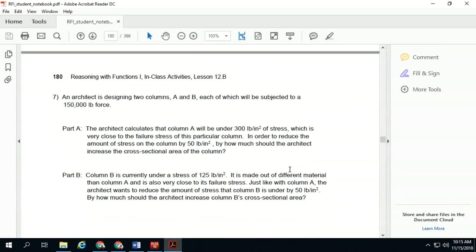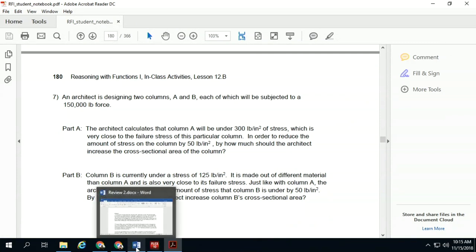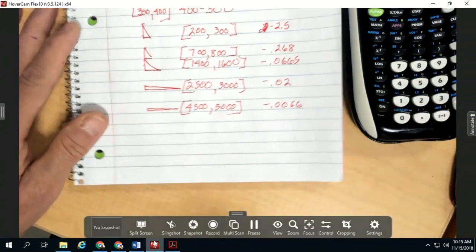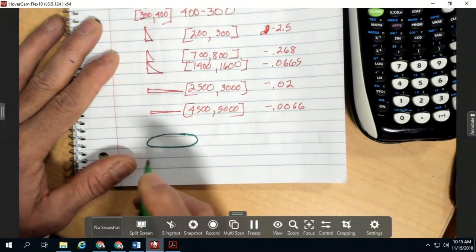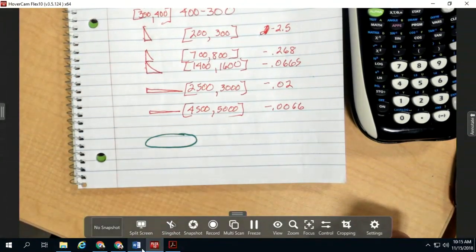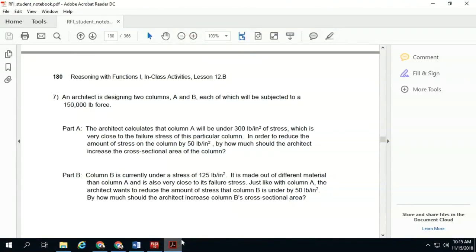Okay, so we have two columns, A and B. A, it says, is presently under 300 pounds per square inch.